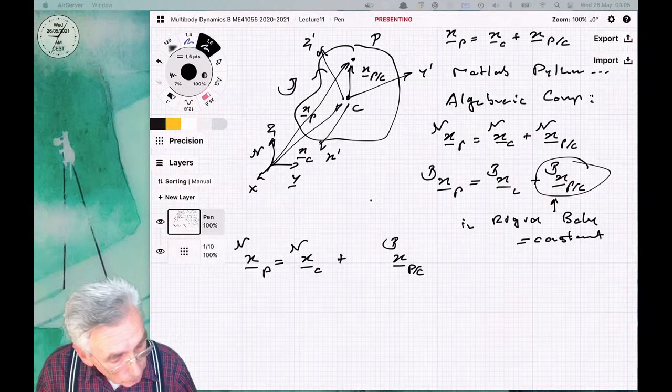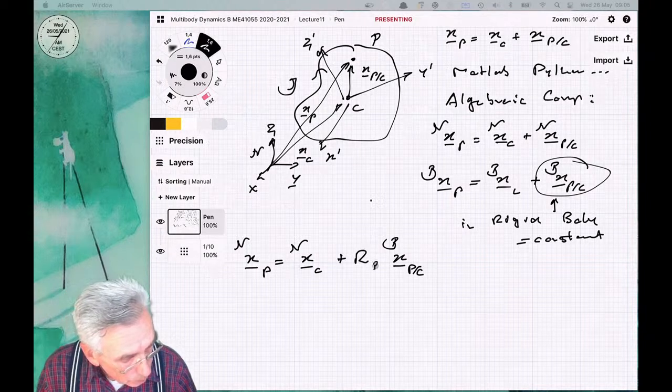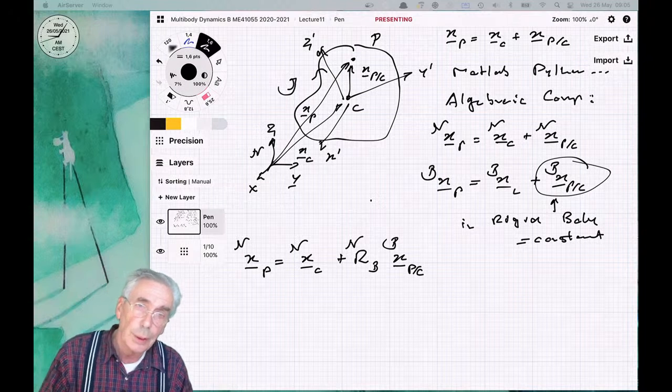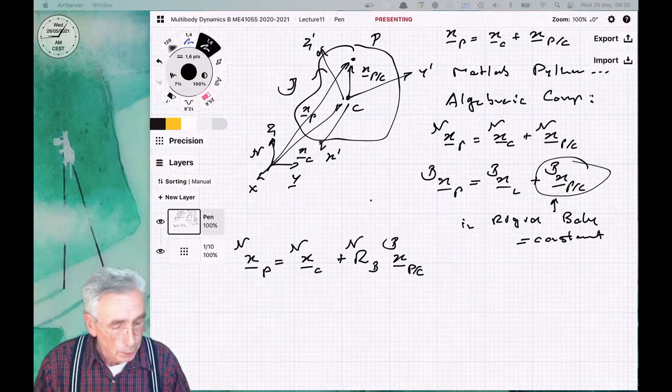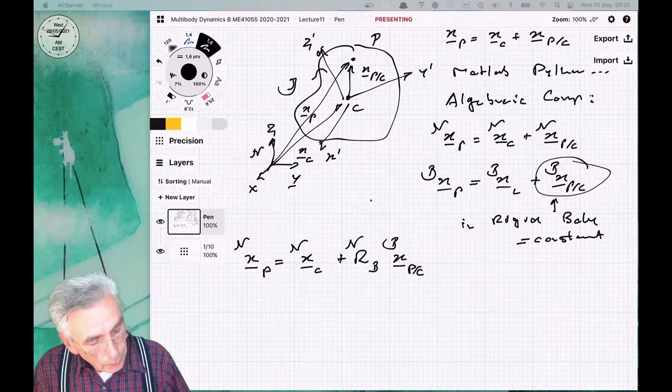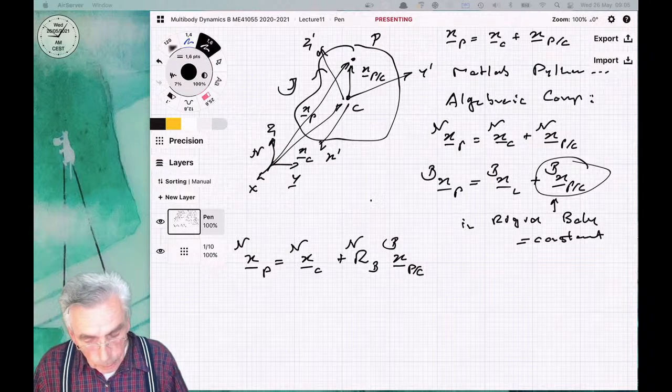But then we need in front of that this rotation matrix. And that was a topic, of course, of last week. How do we get that? It's the multiplication of these three simple rotations, and the order is important. Okay, we know that now.